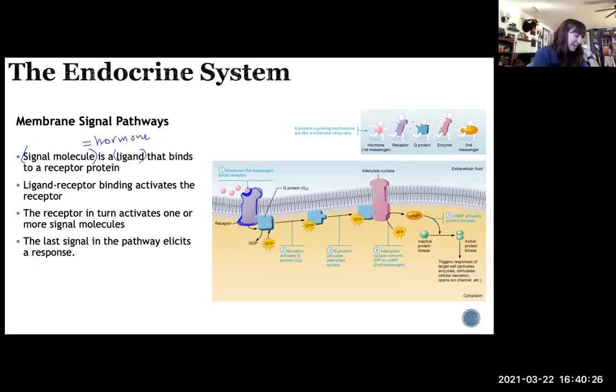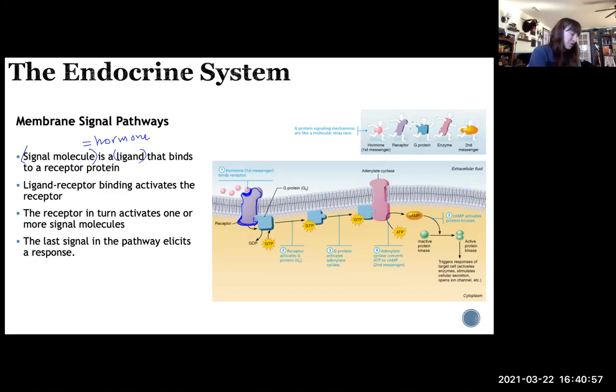Okay, it is that change that then allows it to communicate with the inside of the cell. It changes shape. It is sometimes able to now accept another ligand, which is floating around inside of the cell, maybe transform that into a different chemical, which will then go on and become a ligand for something else. It basically will cause a chain reaction inside of the cell and cause the cell to behave differently, right?